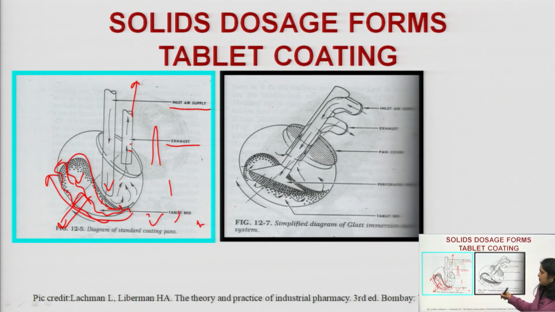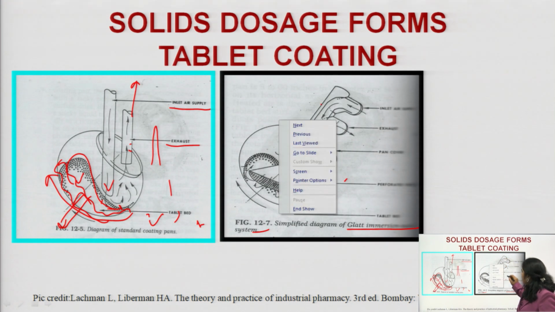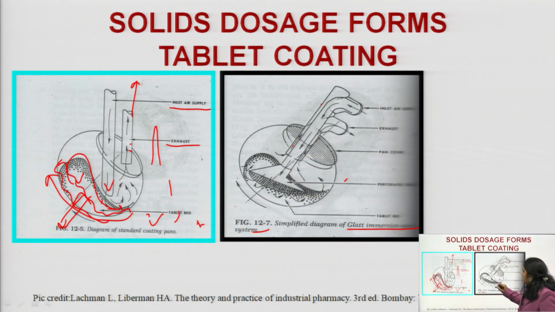So, the next high quality coating pan was the Glatt immersion system. In this there was a simple modification, there was a pipe within a pipe, right. There was a pipe within a pipe and the base of this pipe was like a sword.